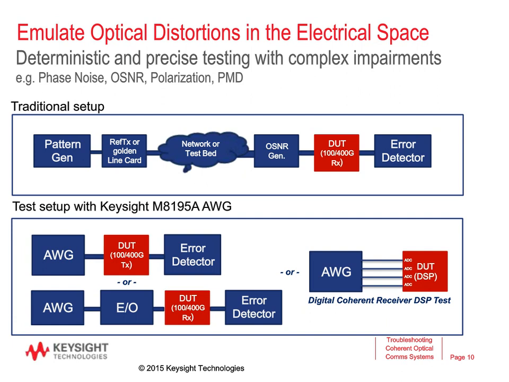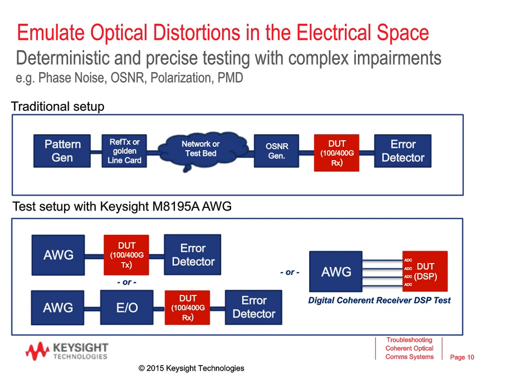So one approach could be to use our new M8195 arbitrary waveform generator, which is prepared to generate these kind of behavior of the network or testbed already in the electrical domain. And then it could be a conceivable setup to use the AWG to stimulate your device under test electrically, and then you start error counting on the output.